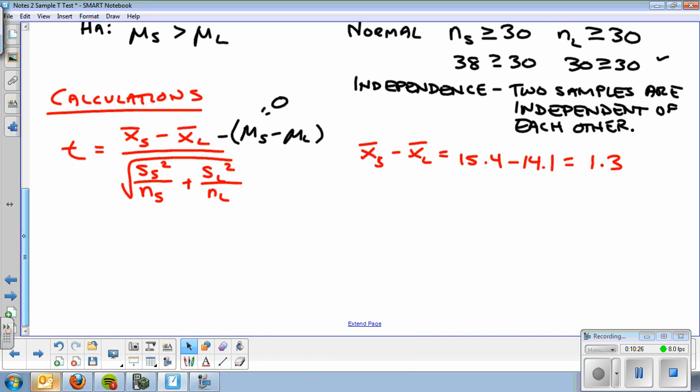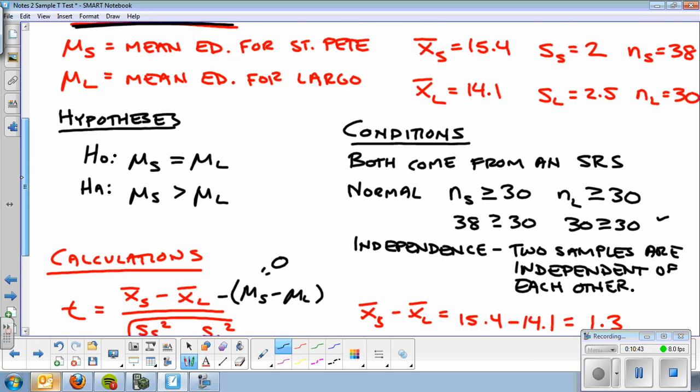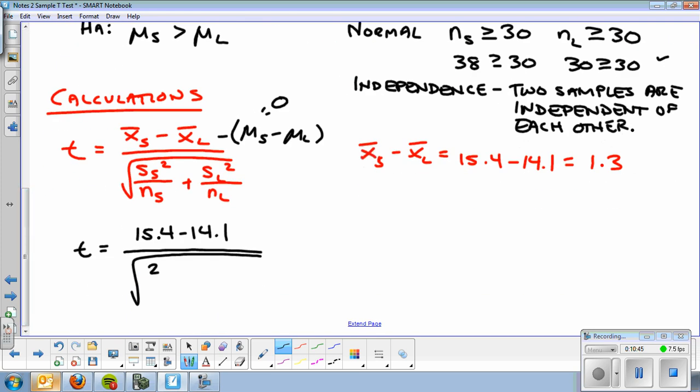All right, so I'm going to plug those things into my T formula. T equals 15.4 minus 14.1, which we know is that 1.3. That's the difference between the two, over the square root of S_S squared, which is 2 squared, over 38, plus 2.5 squared over 30.